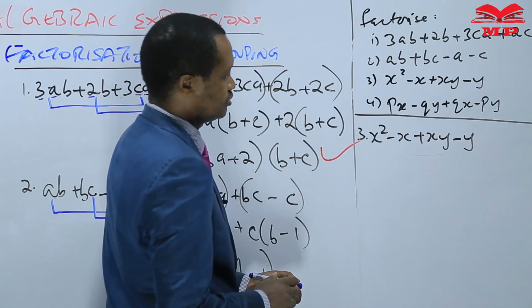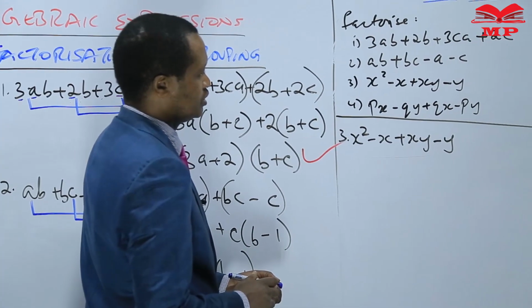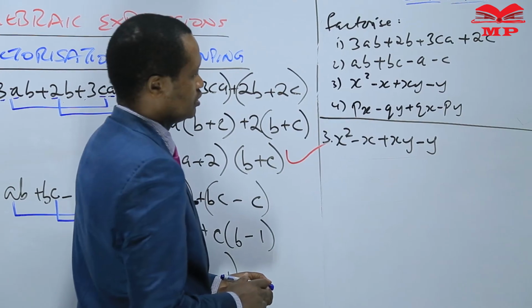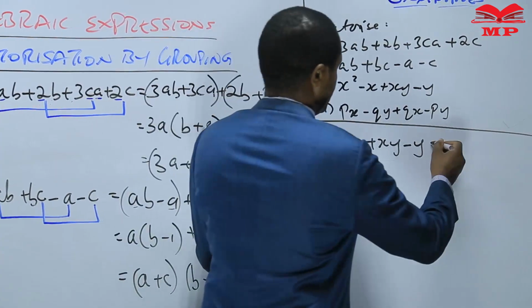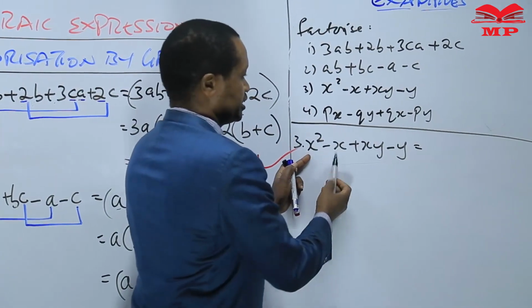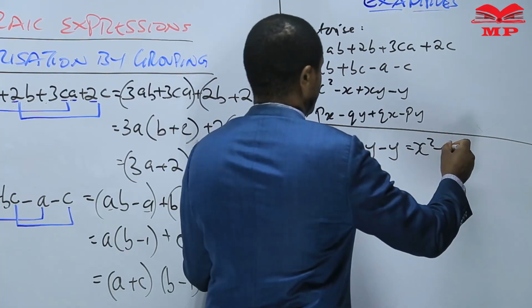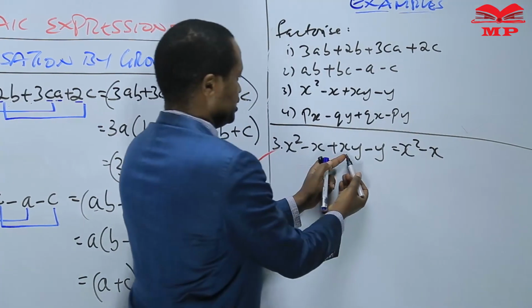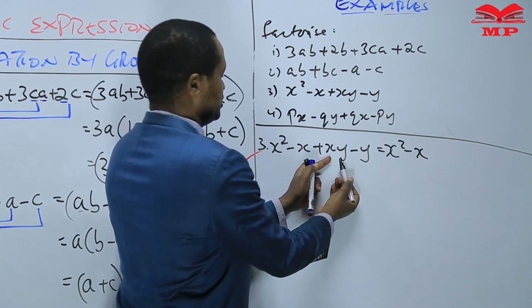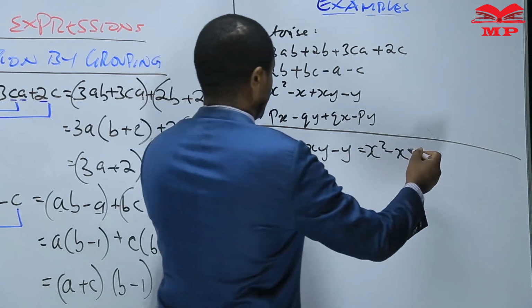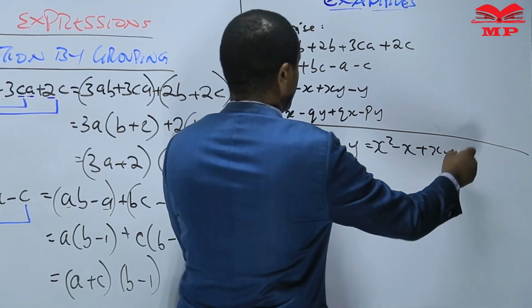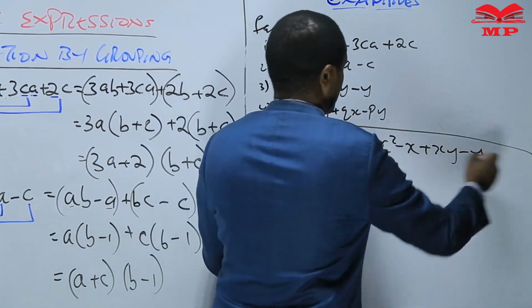How do we group? We are going to group the way they are. x squared minus x, then xy minus y.